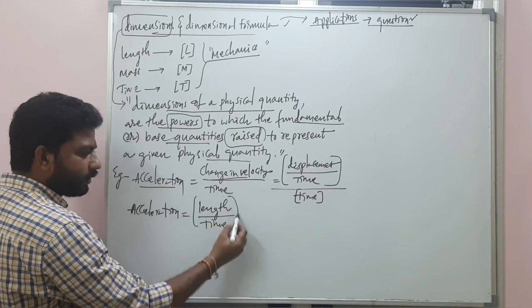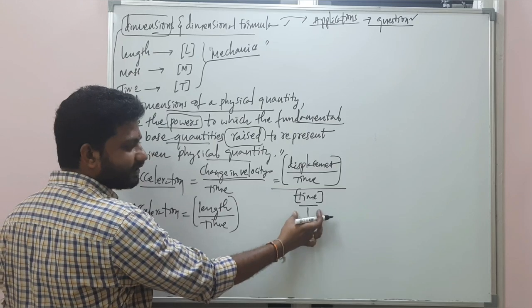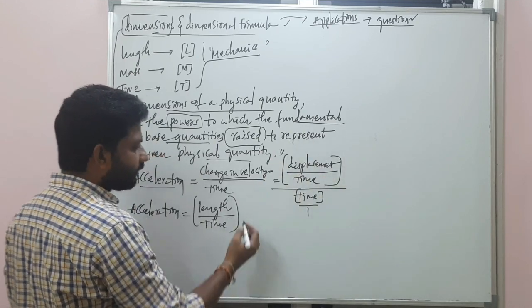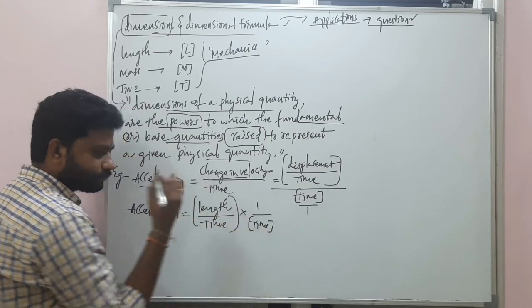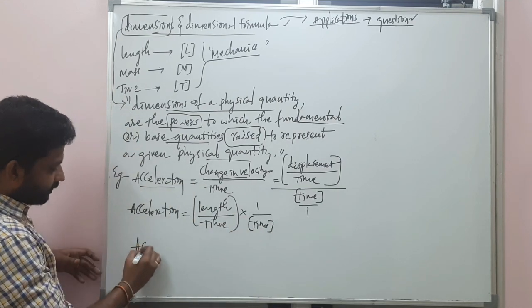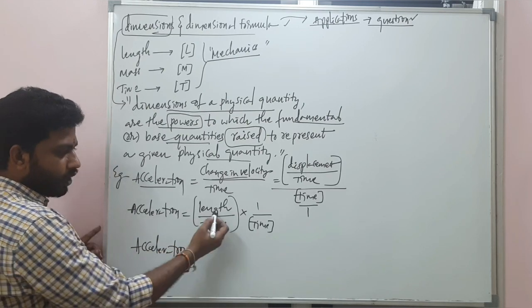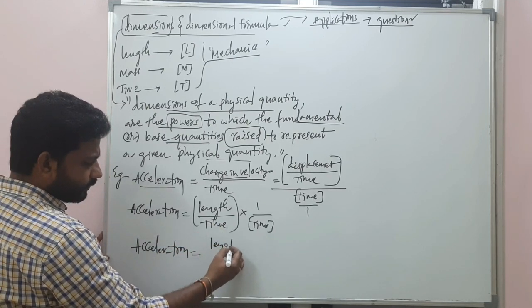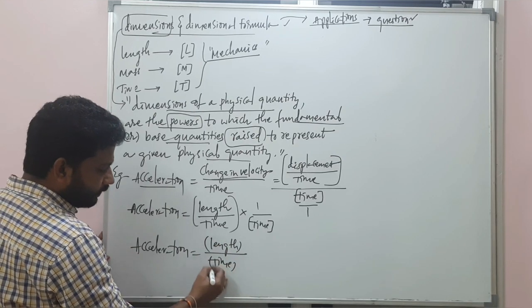That is the numerator, and the denominator is time by 1 here. If I take this to the numerator, that will be 1 by time. So carefully see, the acceleration is equal to length divided by time square.